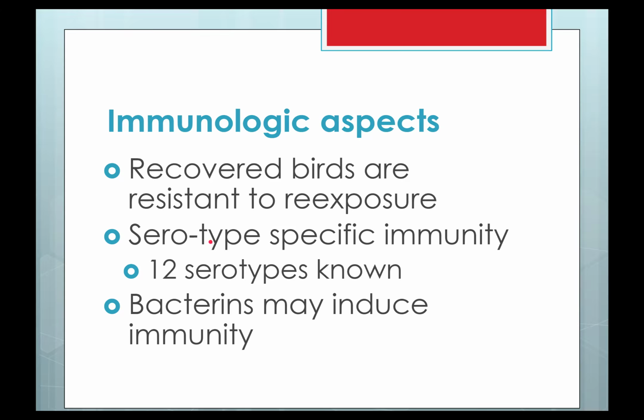Let's say you were infected by serotype A, and then you developed a serotype specific immunity to serotype A, right? And then you got infected with serotype B. Do you think you'll be immune to serotype B? Yes or no?